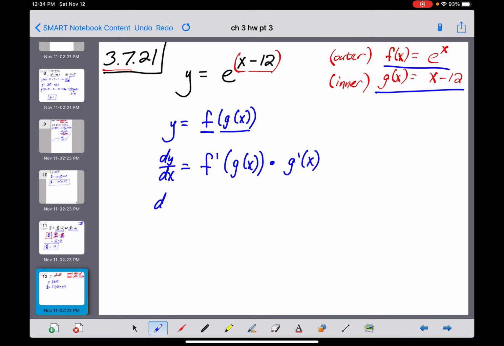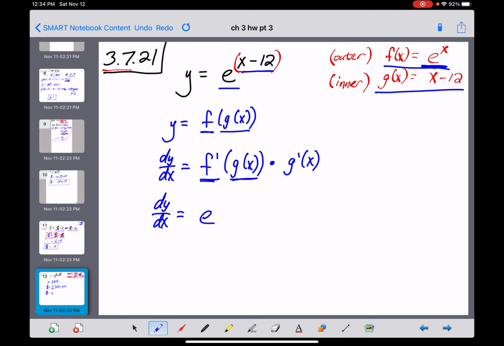So does that help us here? Well, it does, although a lot of you might not quite see it. What do we begin with? F prime. We take the derivative of the outer part, which is e to the x. Now again, let me get the word x out of my language right there. We're tempted to say, because we learned early on in this chapter, that the derivative of e to the x is e to the x. True. But what we really want to be thinking now is the derivative of e to a power is the same base, e, raised to the same power.